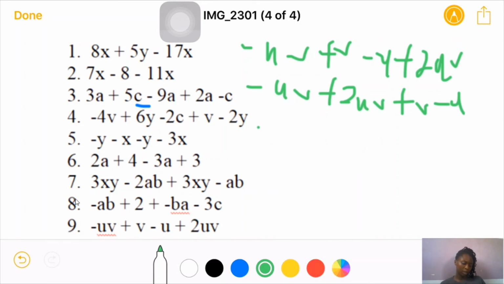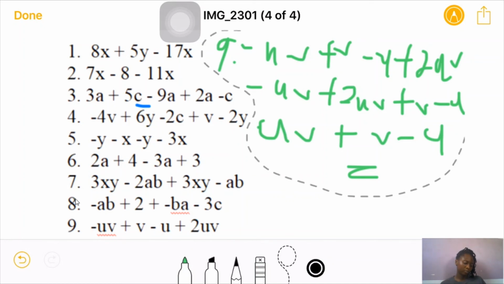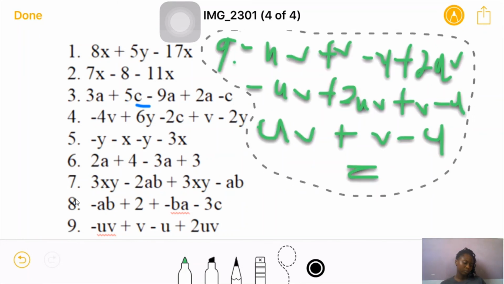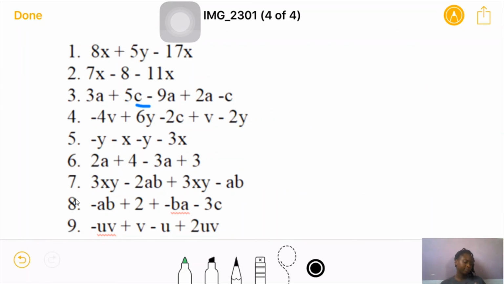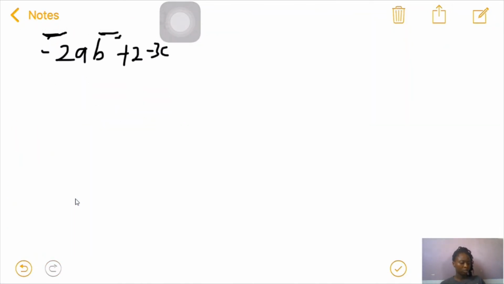So in this case, I have UV plus V minus U. Answer is this. So this is number 9.